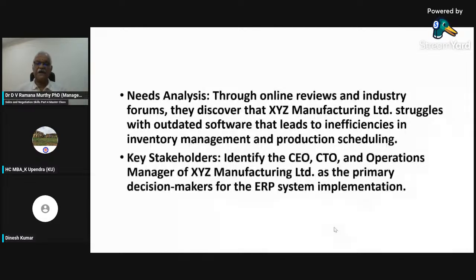Of course, it depends upon XYZ Manufacturing Limited to depute who will come over for negotiations. You should also know who are the primary decision makers for buying this ERP system and its implementation, because you can support that team particularly.